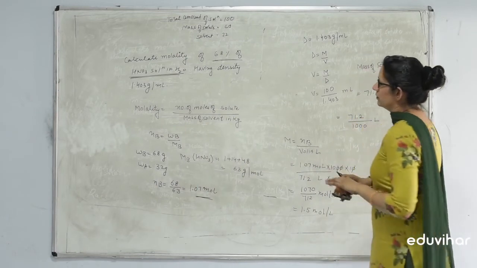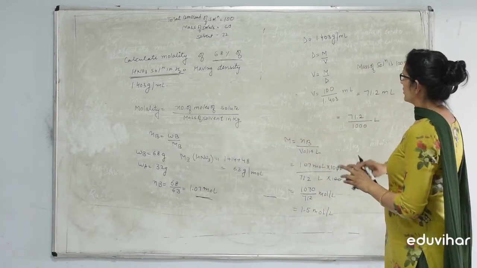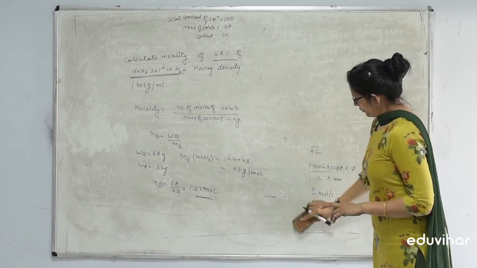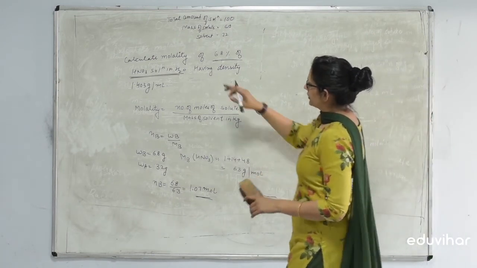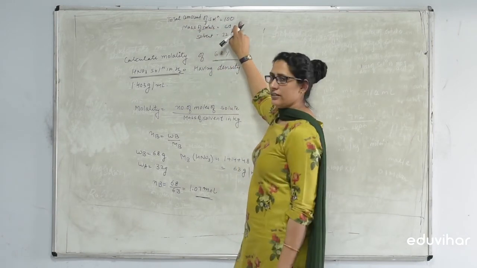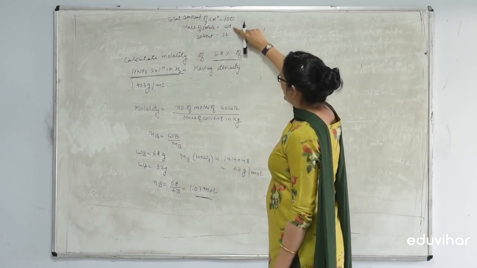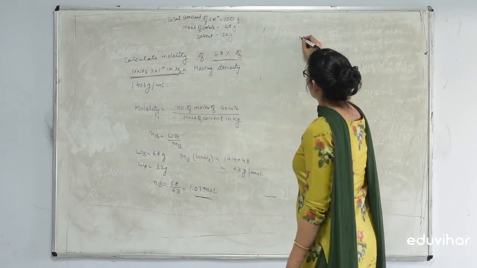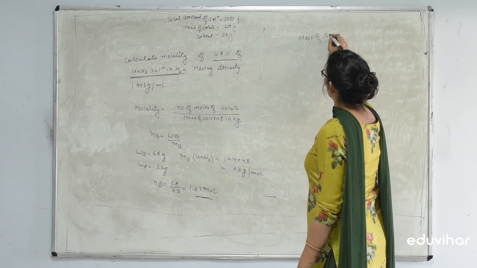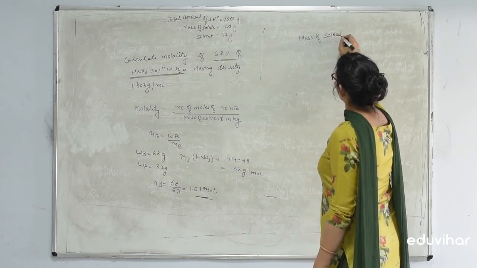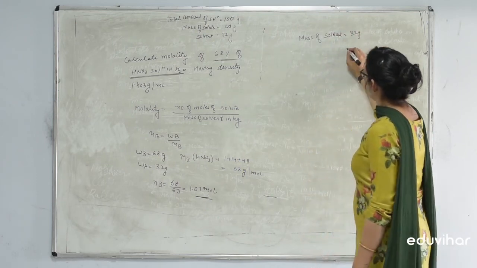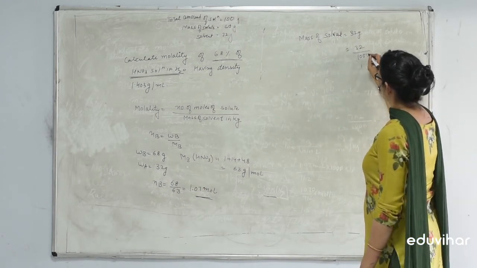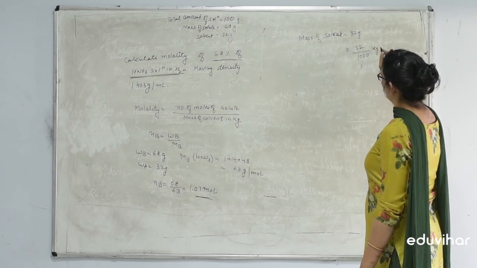Now we require the mass of solvent in kg. So we have no need to convert the density into volume. We have again the same thing. The total mass of solution is 100. Mass of solute is 68. The mass of solvent is equal to 32 gram. How can we convert this into kilograms? 32 divided by 1000. This is kilogram.